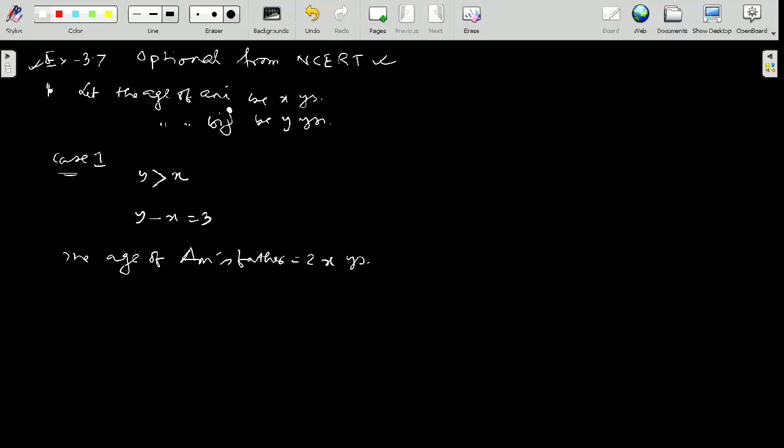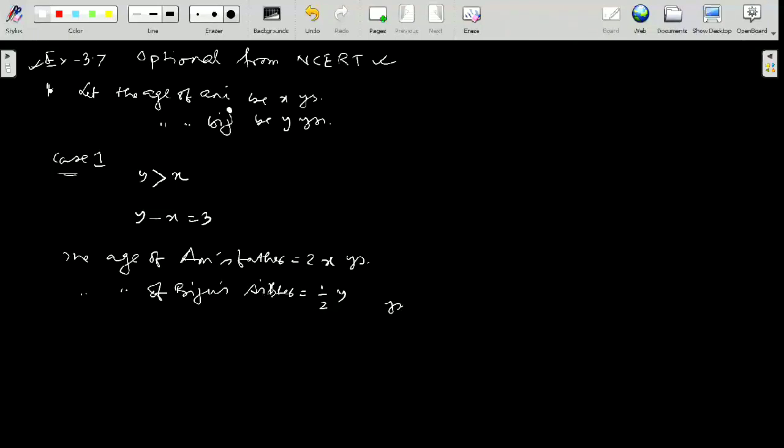And the age of Biju's sister is equal to half of the age of Biju. This is given in your question. So the age of Biju's sister is equal to half of Y, that is Y by 2 years.